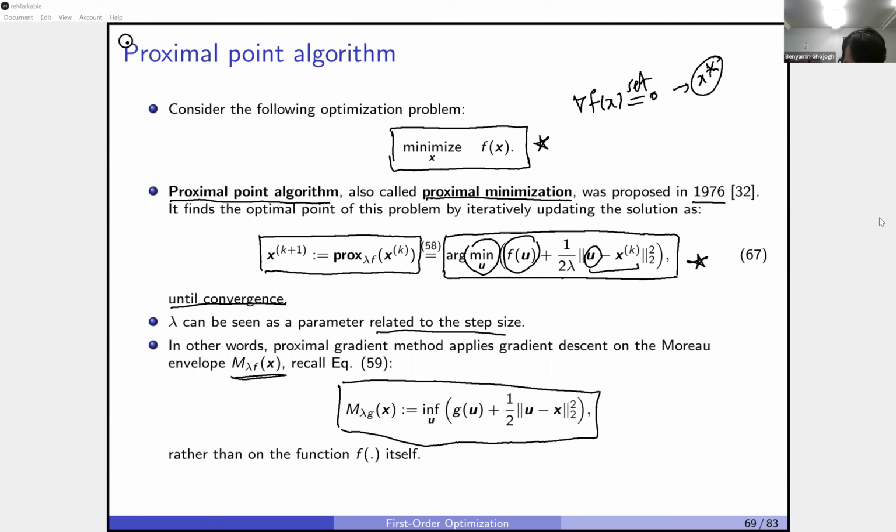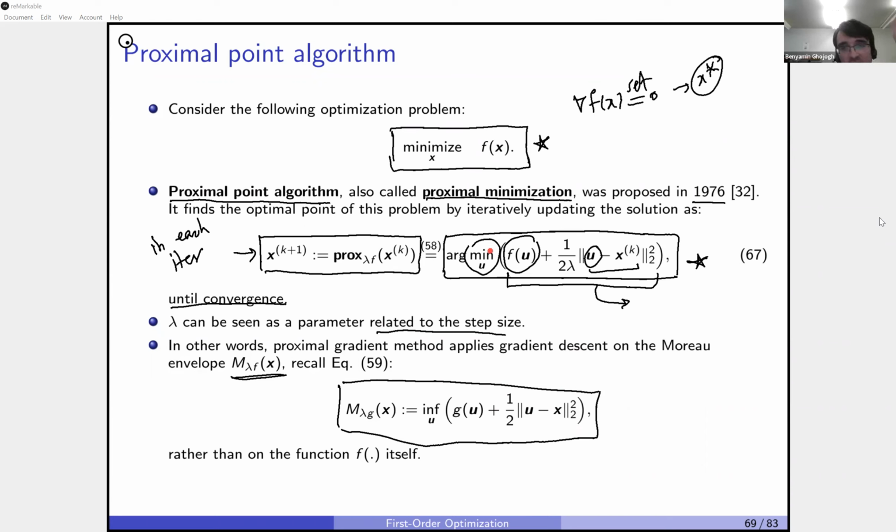Here, in equation 67, when we say argmin of this, it means find its actual minimum. Assume for this argmin you can do a gradient descent, but you need to do it in each iteration.